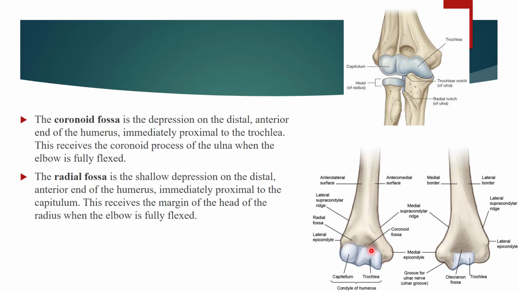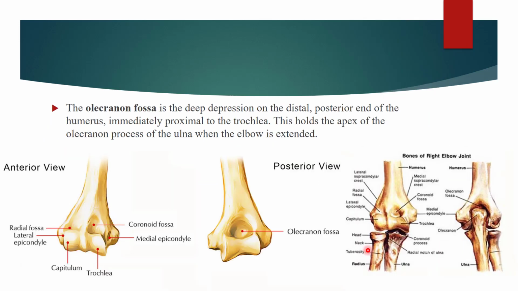Above there are two fossae on the anterior surface. Remember this: laterally we have the radial fossa because the head of the radius will come here, and medially we have the coronoid fossa because the coronoid process of the ulna will come here when the elbow is fully flexed.